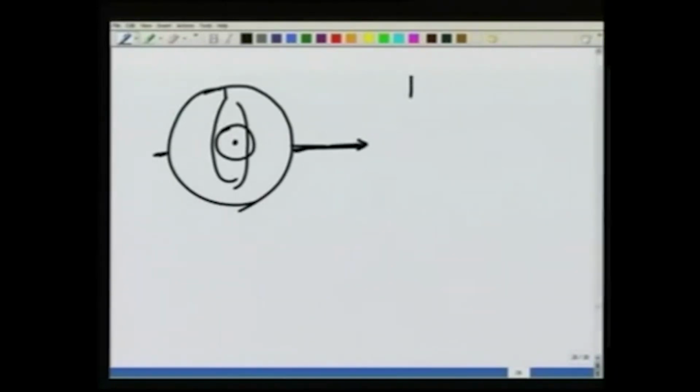If this angular momentum is Ls, that is the angular momentum of the inner wheel, this wheel spin is Ls, its horizontal component coming out of the screen is going to be Ls sin theta, Ls horizontal. I am assuming it is making an angle with this.